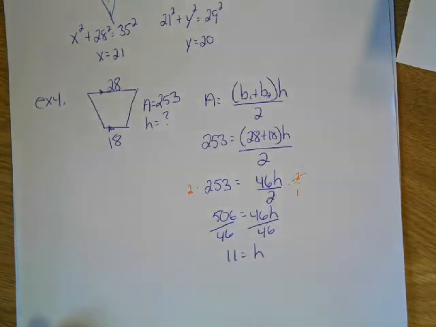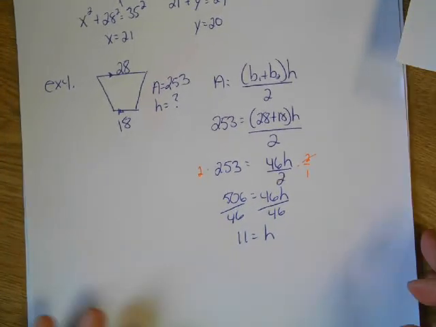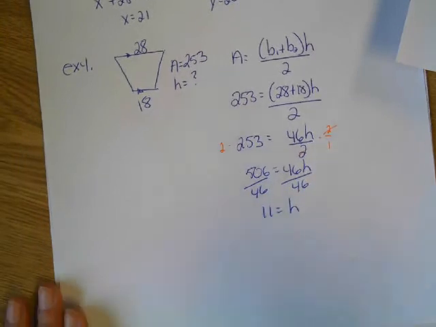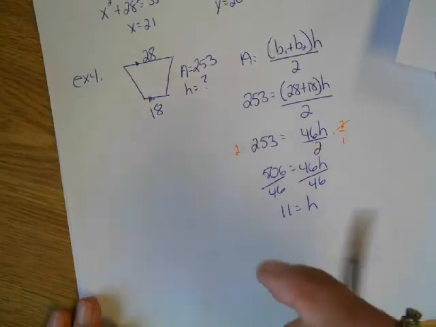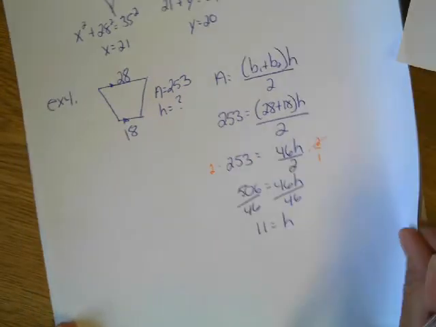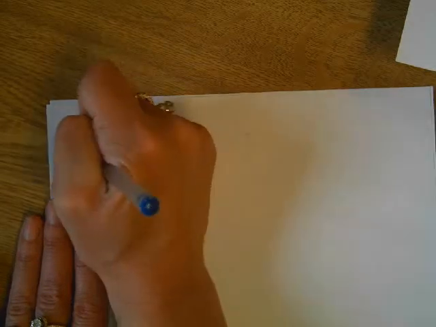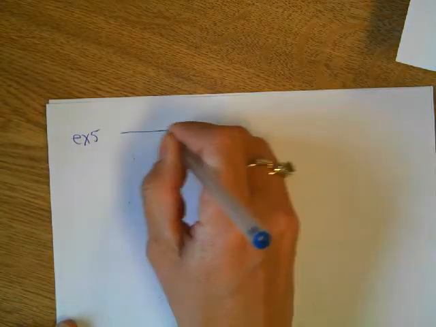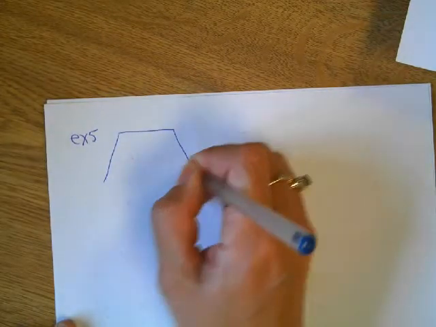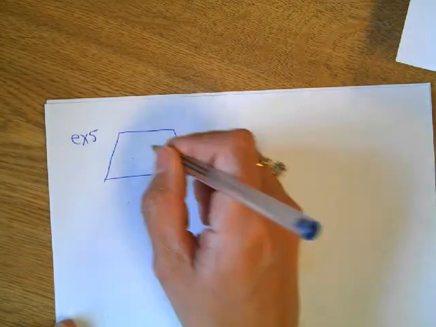Okay, so just practice. Good practice. Do another one of these where you're finding the base. That's the tougher of the two. I think I'll start a new page. Number 5. Trap.